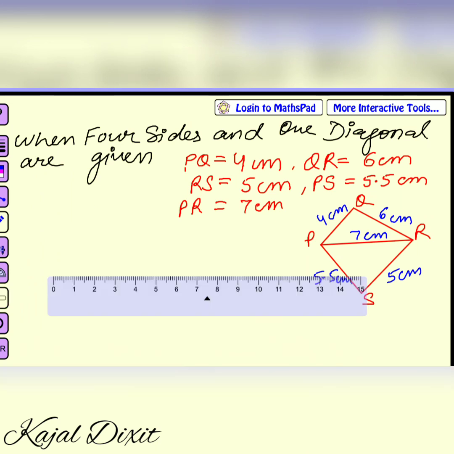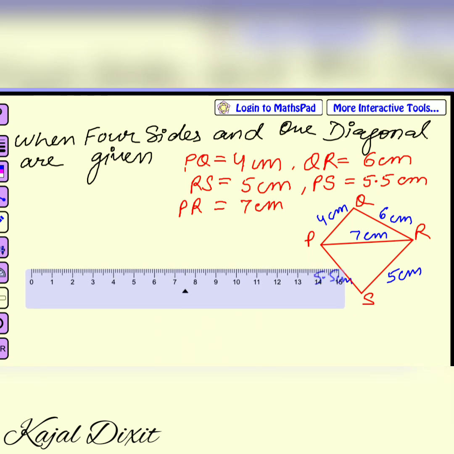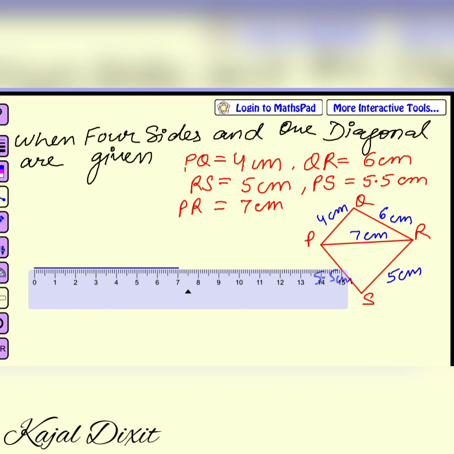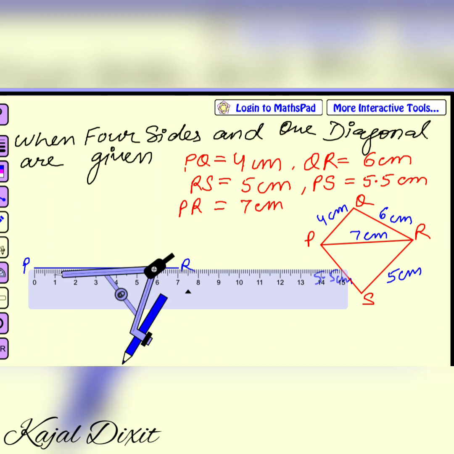For this we will need a scale like this. Then we will draw a line of 7 centimeters with the help of the scale, and let us name this line PR. After that, we will take the scale again, and now we will take the help of a compass.